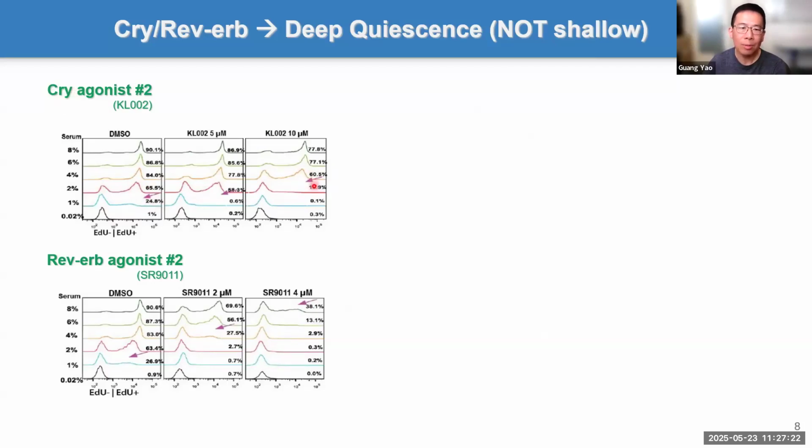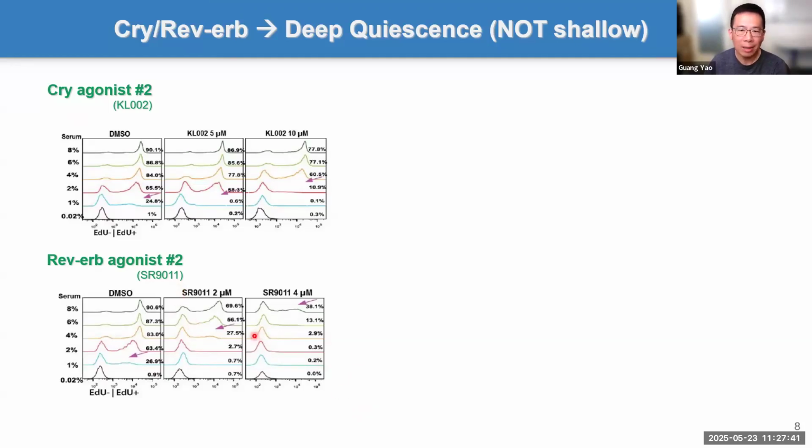You need a stronger push, and cells are deeper in quiescence. Same thing here with SR9011, another agonist for RevERB. You have less P21, you need stronger serum. Again, counterintuitive.